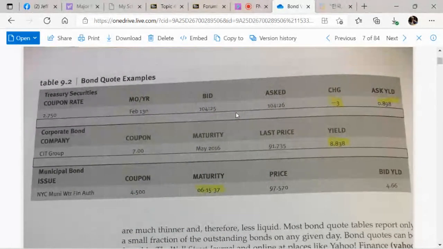If this was a 10-year Treasury note, and time goes by and 9 years have passed, now it will have only 1 year left, or less than 1 year left. And when it has less than 1 year left, then it's no longer called a Treasury note, it is called a Treasury bill.